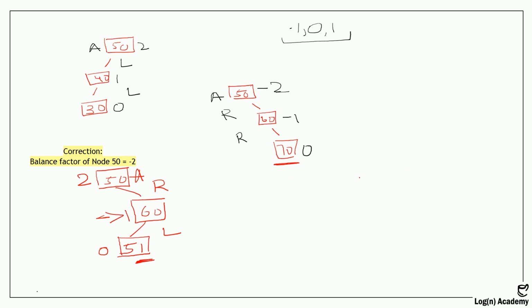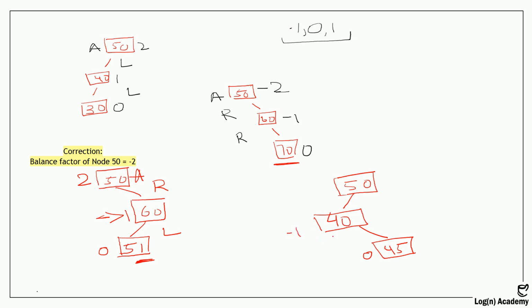And for the last case, we have 50, and then we have 40, and then we have 45. In this case, the balance factor of 45 is 0. The balance factor of 40 is minus 1. Why minus 1?